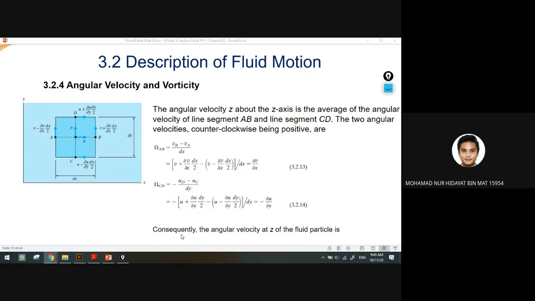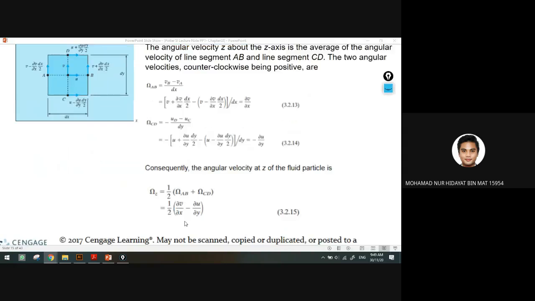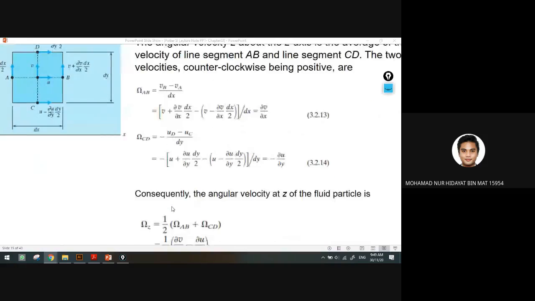Consequently, the angular velocity about z of the fluid particle is, remember, the average velocity of two perpendicular lines. Where are the two lines? AB and CD. So the average is 1 over 2. Why 2? Because we have two components, two lines.